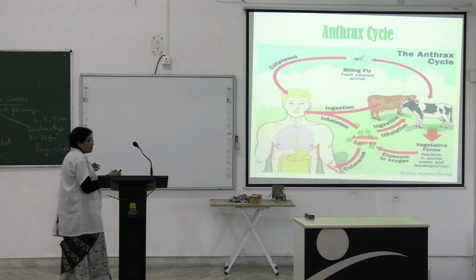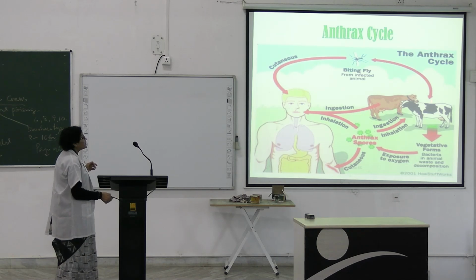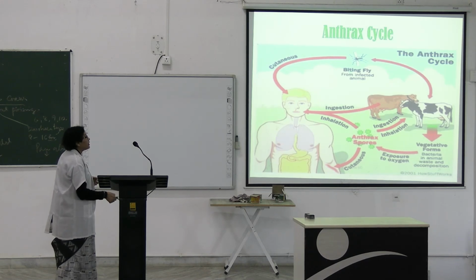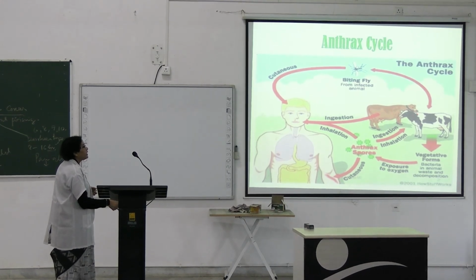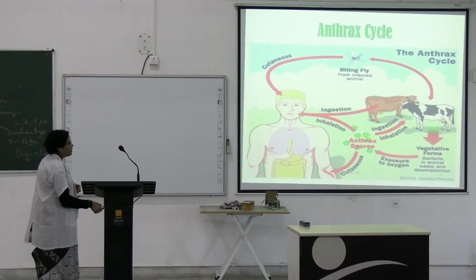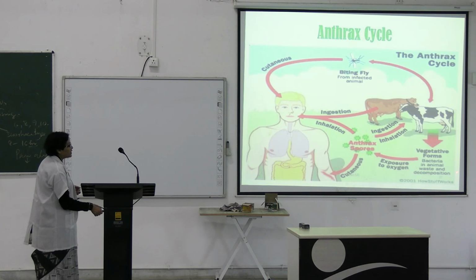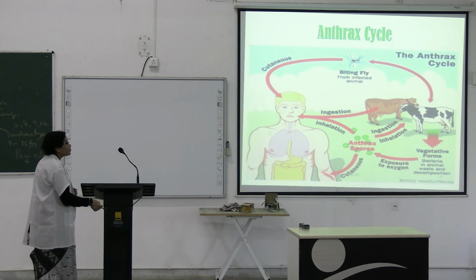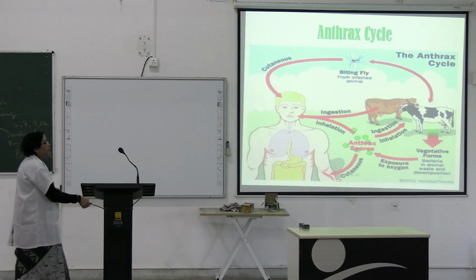This is the picture, you can see these are the animals. There are anthrax spores in the soil, ingested or inhaled by the cattle. Infected cattle shed vegetative form bacteria, in bacterial waste and decomposition. This is again converted to spore in the soil. Spore may enter the human through a cut area.